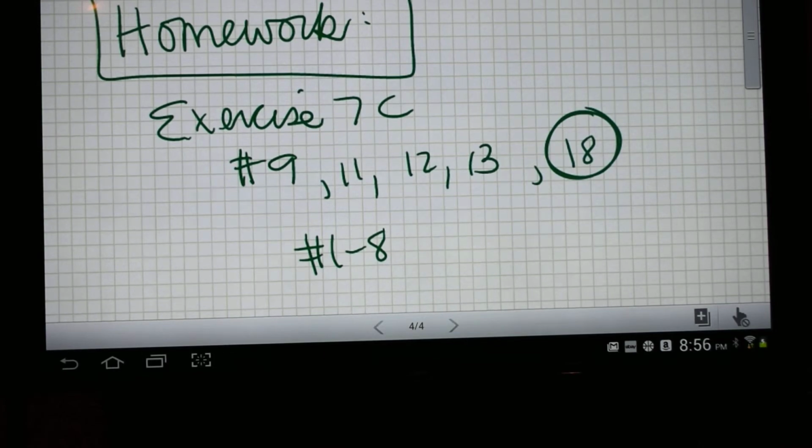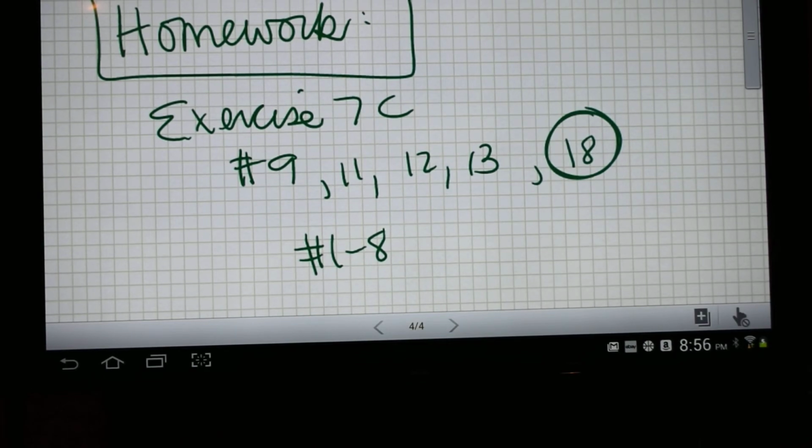Number 10 you can't really do until we do that last example. So you're going to skip that for now. 13's on that list. It's a little weird. I mean, I can do these, but for y'all, they may be a little weird. But I do want you to attempt them if you have time.